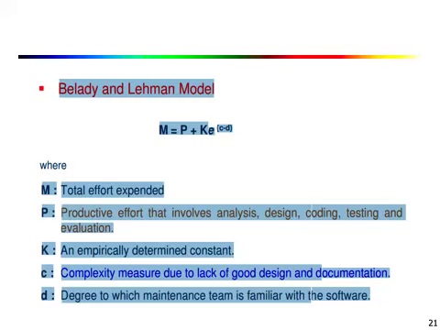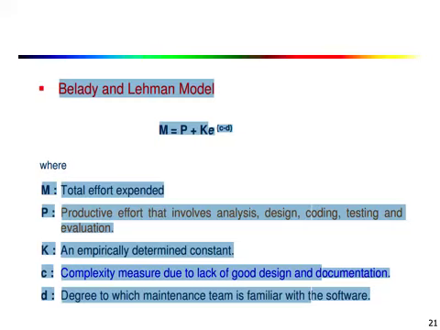So in the Belady-Lehman model, the total effort expended, given as M, is equal to P plus K e raised to C minus D. Here P is the productive effort that involves analysis, design, coding, testing, and evaluation. That is the effort that we have taken to develop that particular system.